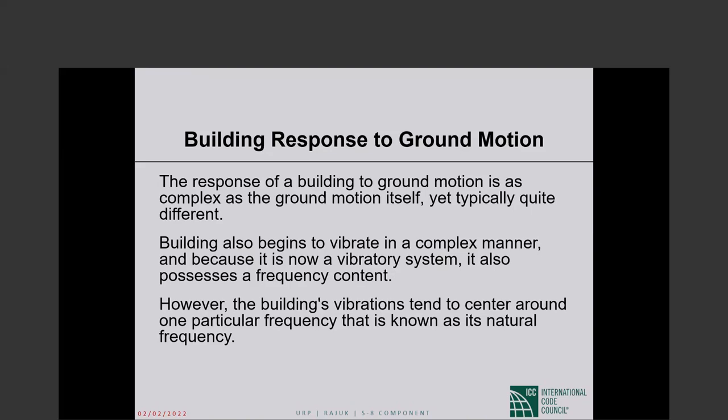However, the building's vibrations tend to center around one particular frequency that is known as its natural frequency. This is pretty characteristic of building vibration.